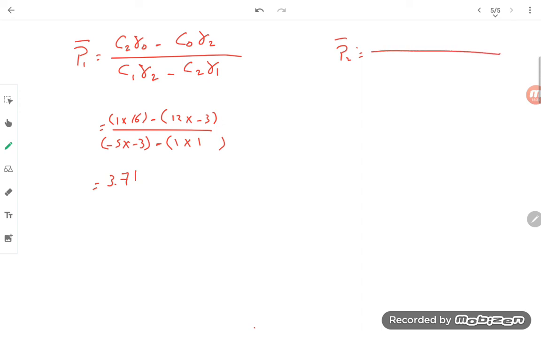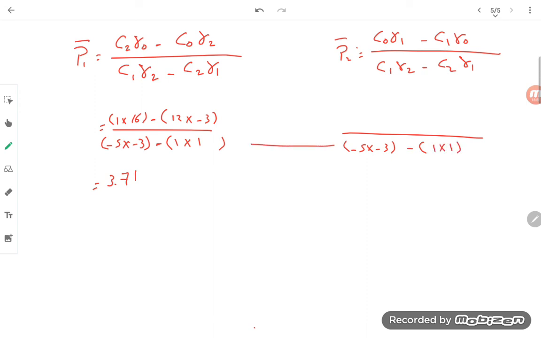Just we are going to substitute in the equation of P2, which is C node gamma 1 minus C1 gamma node divided by C1 gamma 2 minus C2 gamma 1. This is the common denominator. They are equivalent to each other.